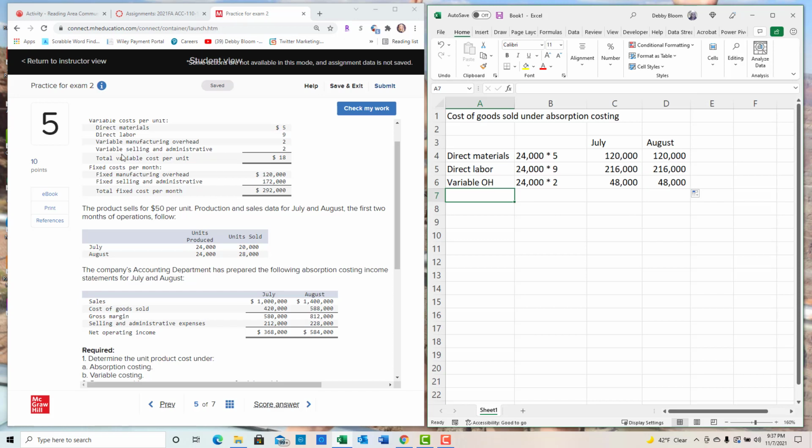Now we're not going to add the variable selling and administrative, because variable selling and administrative is not a product cost. So the next thing that we're going to add is our fixed overhead. And for both months, our fixed overhead is $120,000.